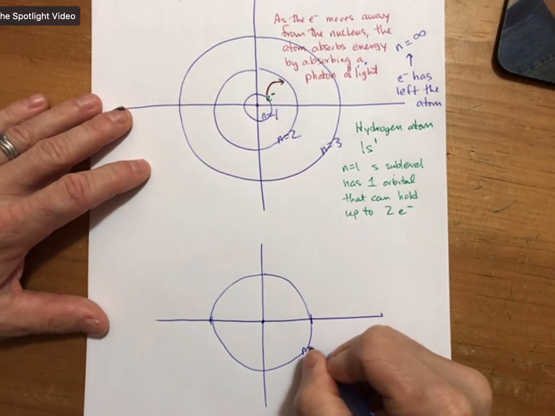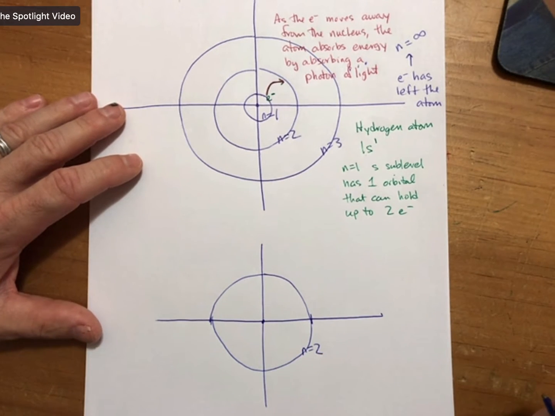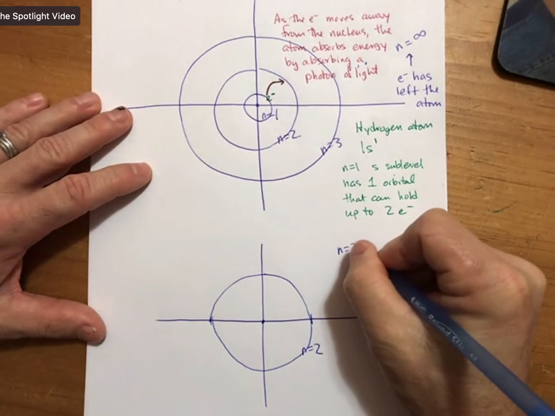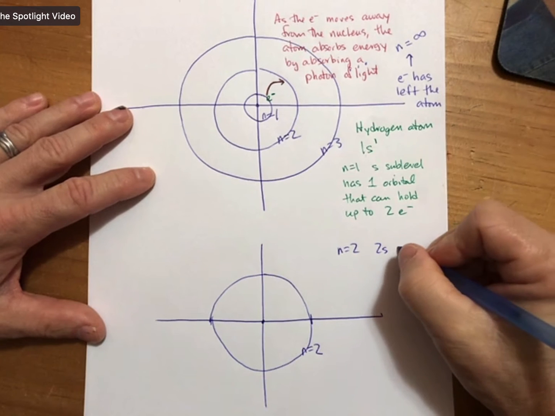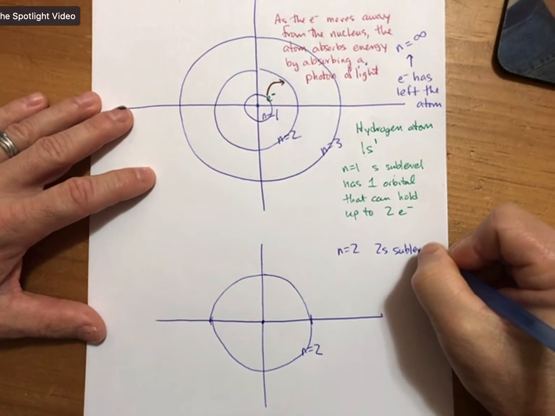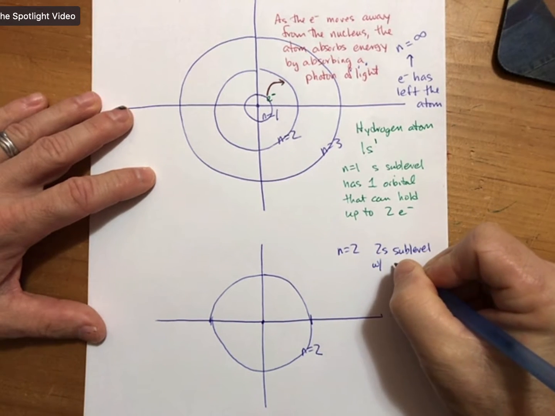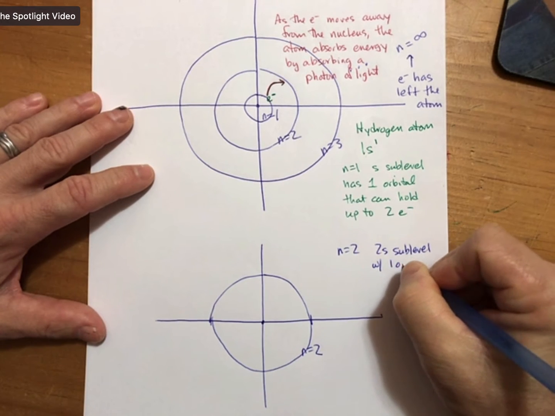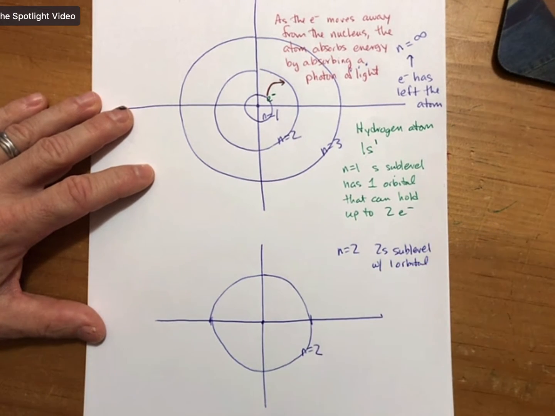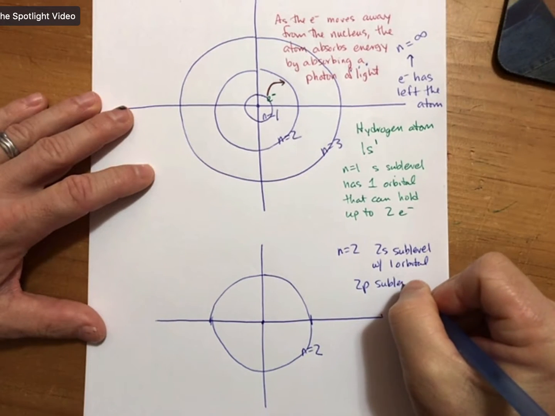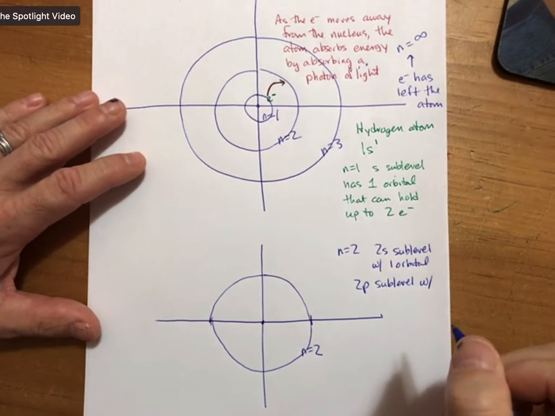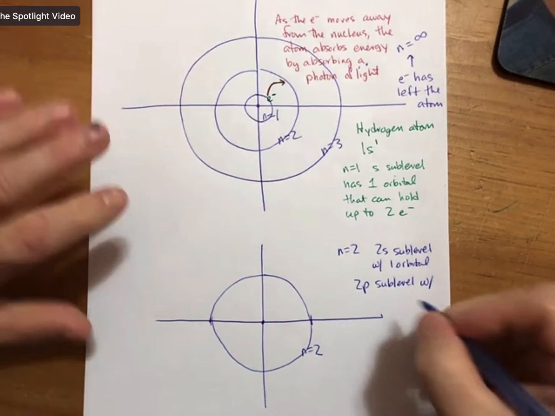But so in n equals 2, there is a 2s sublevel with one orbital. And then there is a 2p sublevel with 3 orbitals.